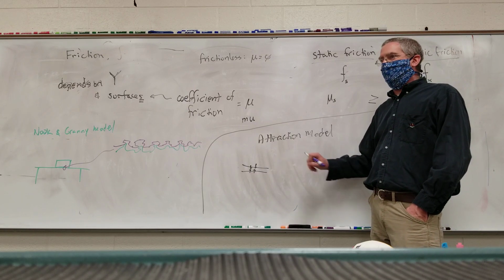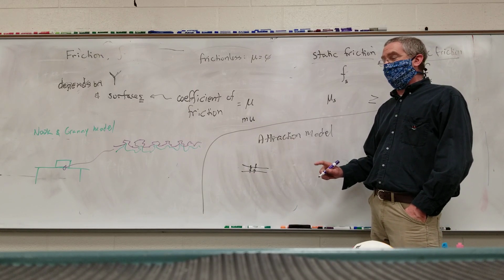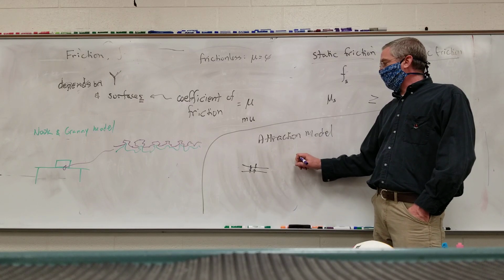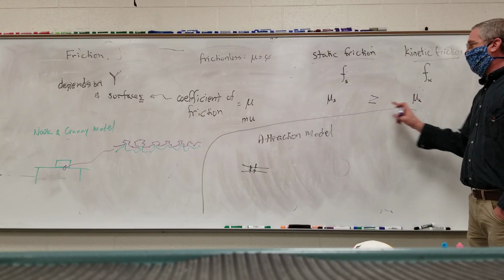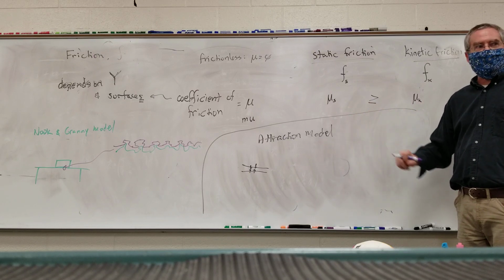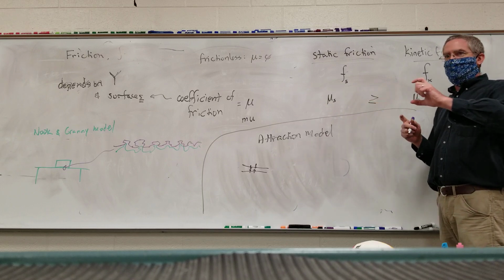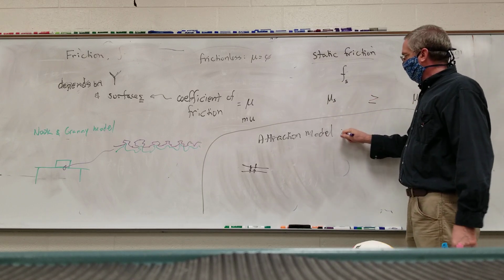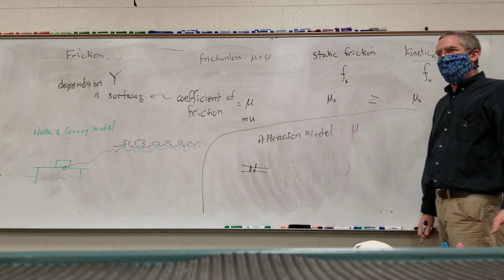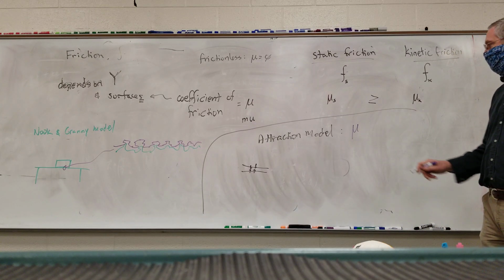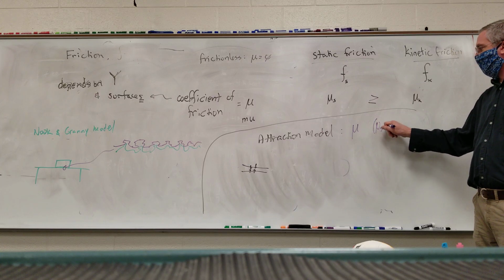There are two schools of thought on the attraction model. School of thought number one, the first time I actually saw this model, is the fact that there really is no differentiation between these. That the experiments that are done have such large error bars that there's just the coefficient of friction, static or kinetic, there's just one number. In other words, mu s is close enough to mu k.